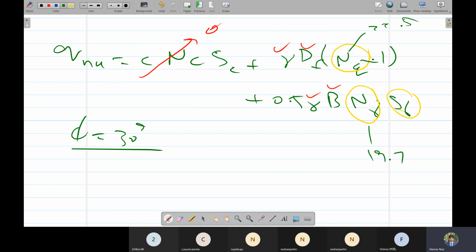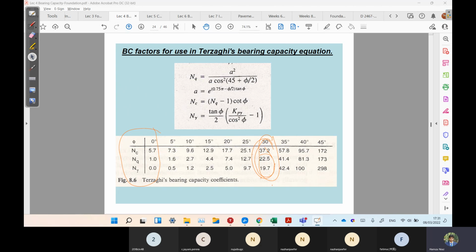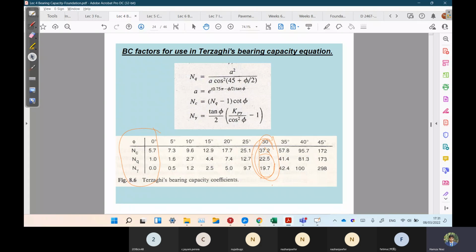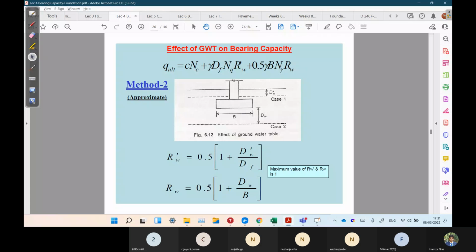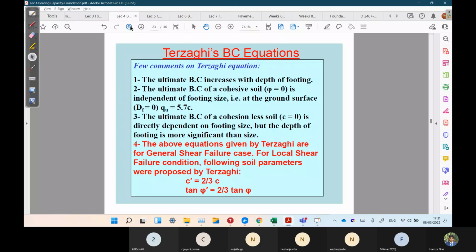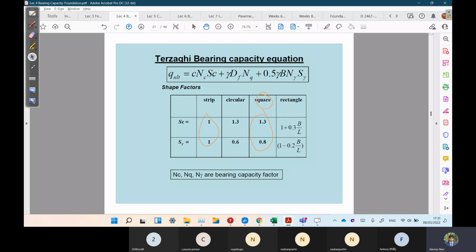The difference is S gamma, because this is a rectangular footing. So our S gamma value would be a bit different. We have to use this expression for the S gamma value. For simple circular, strip or square footing, we simply use the tabulated values.